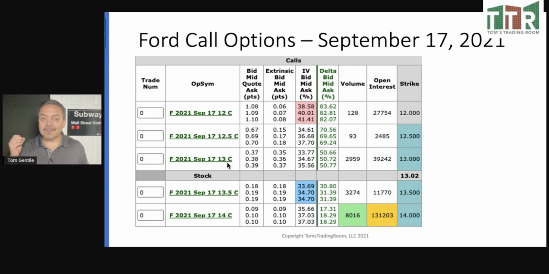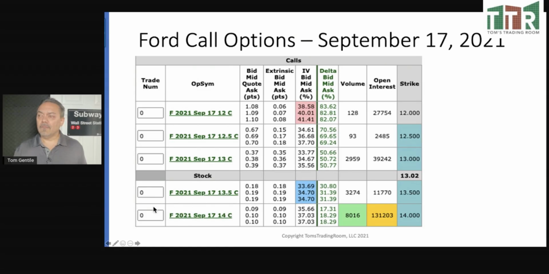That's $38 to own the stock at 13. So what we need Ford stock to do within the next couple weeks is be at or above $13.38 to break even. Again, you're going to take that 38-cent option and add that to the strike price. Strike price plus premium is break even at expiration.